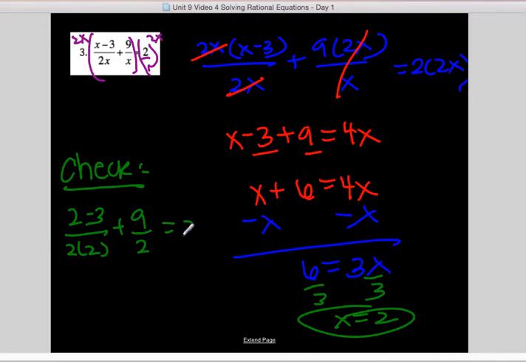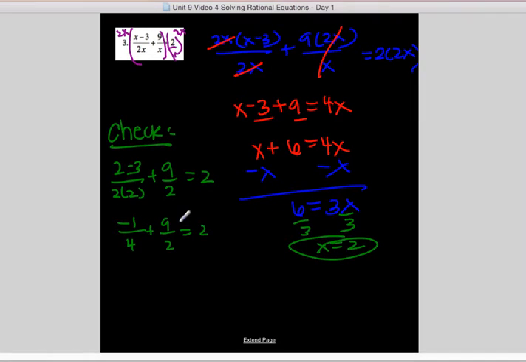We want to know, does that equal 2? 2 minus 3 would give me negative 1 over 4 plus 9 over 2. Does that equal 2? Okay, well, if I get a common denominator, it'd be 4, so I'd multiply this by 2 and this by 2. You could also type it in your calculator and check.